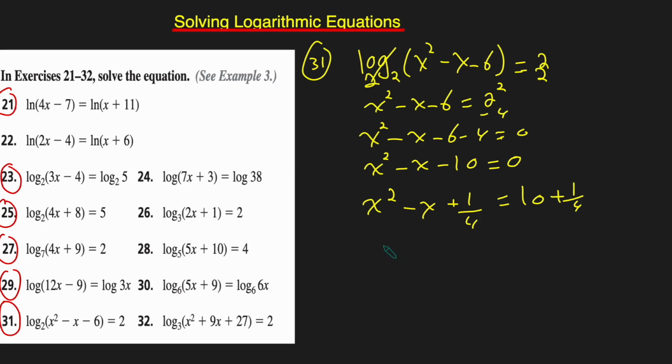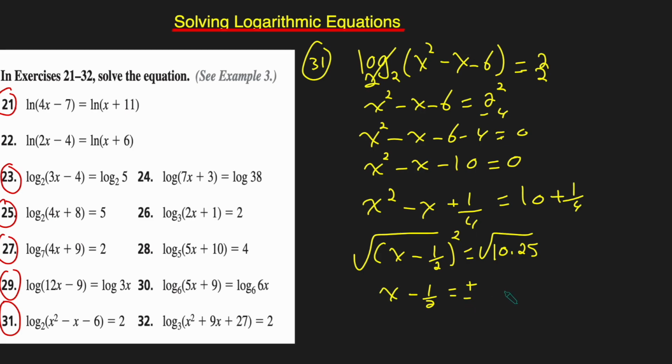This will factor out to x minus 1/2 squared equals 10.25. Then I'll take the square root of both sides, and I end up with x minus 1/2 equals plus or minus the square root of 10.25. Move the 1/2 to the other side, and I will have x equals 1/2 plus or minus the square root of 10.25.